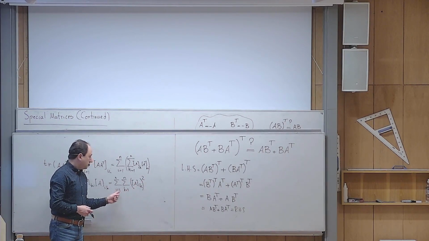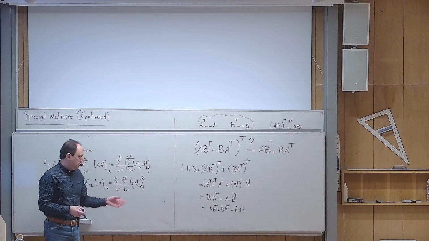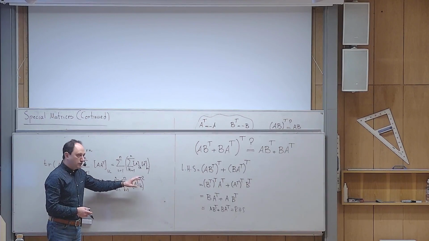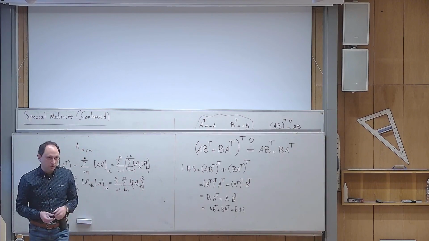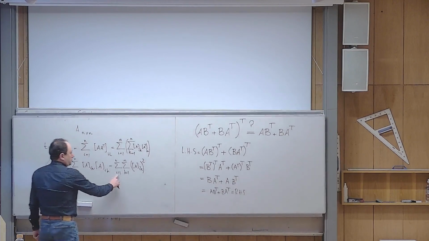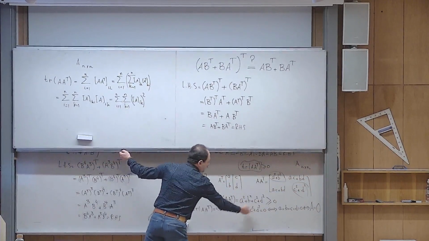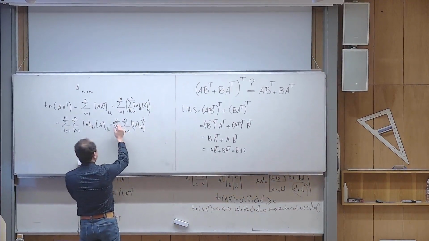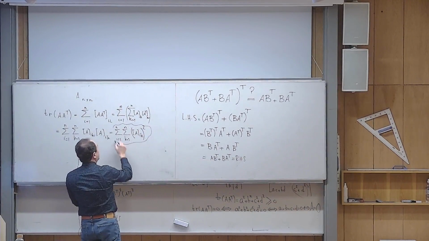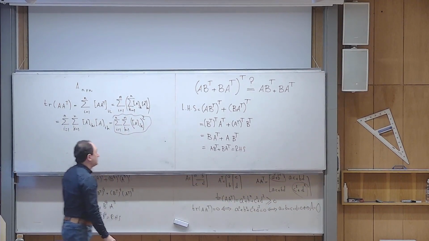But you are running i from 1 to n and k from 1 to n. So it means that you really add all the squares of the entries of the whole matrix. Yes? That's it. In the previous case, it was easier to see it in this form, but I hope that you understand that this double sum is exactly what you see here for this 2 by 2 case.